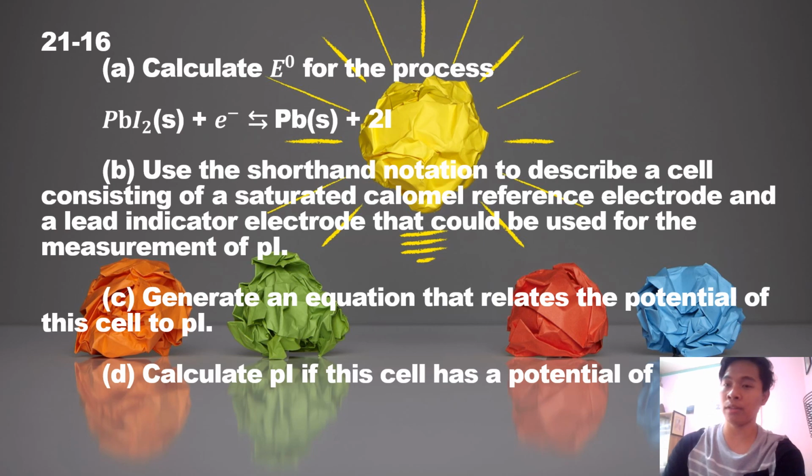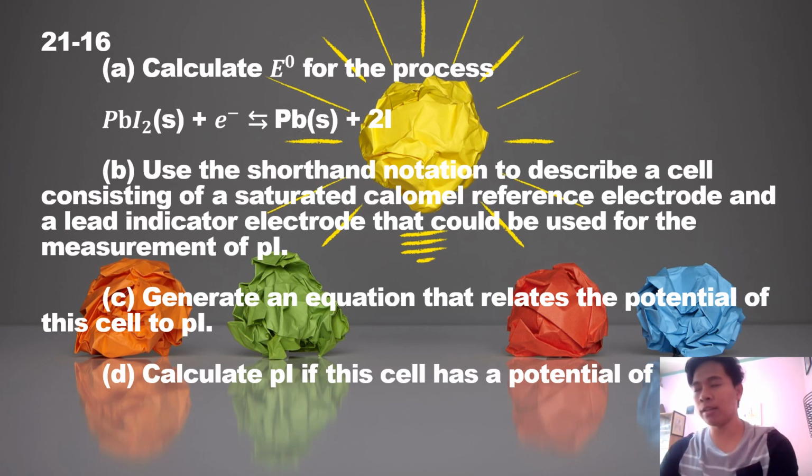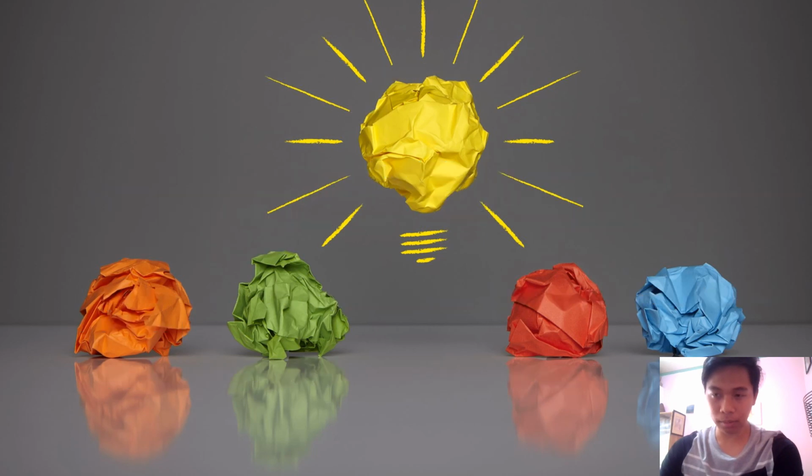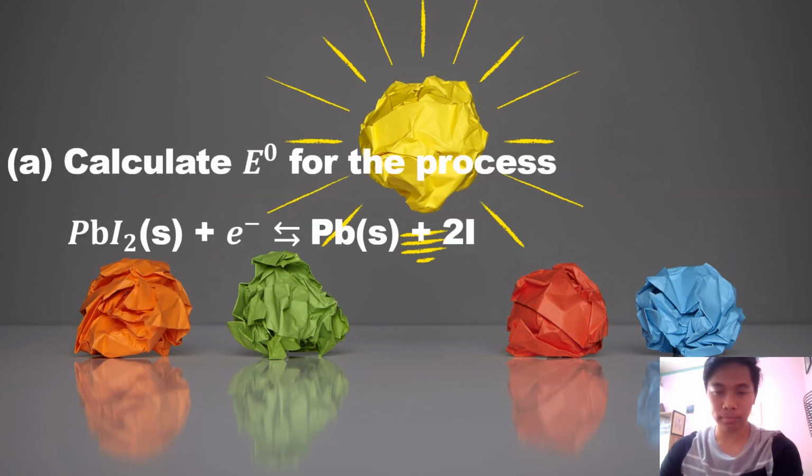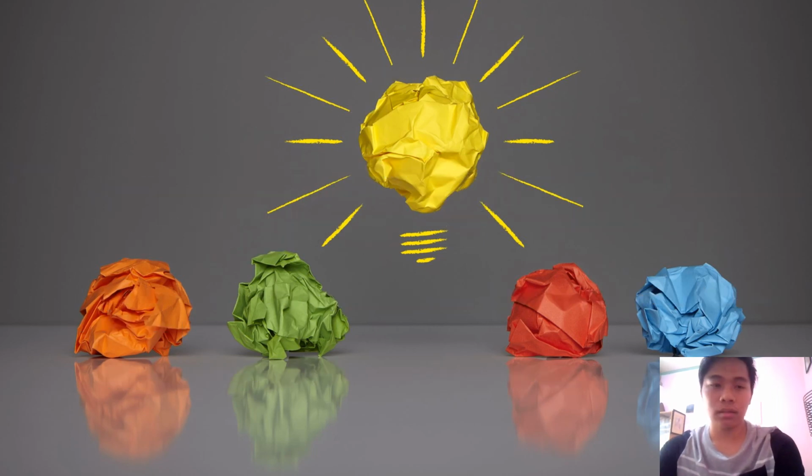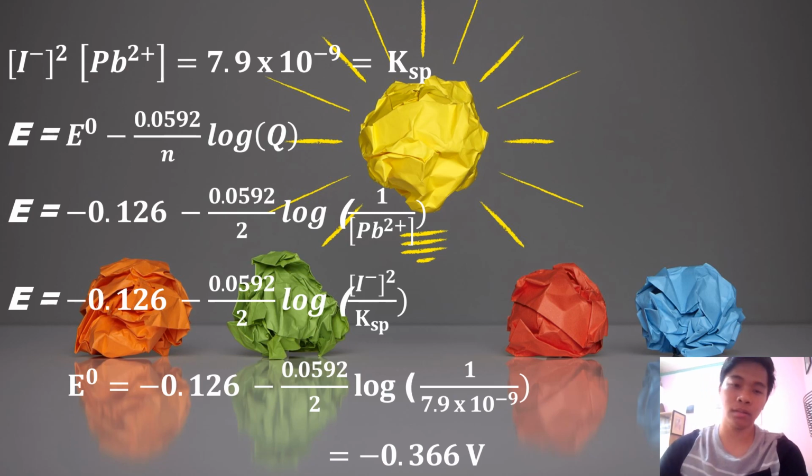The first question is another E standard cell potential. Now, to solve this problem, we first have to create a KSP expression, which is right here above.